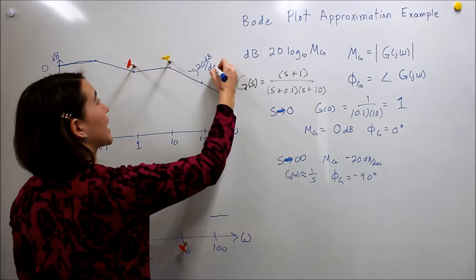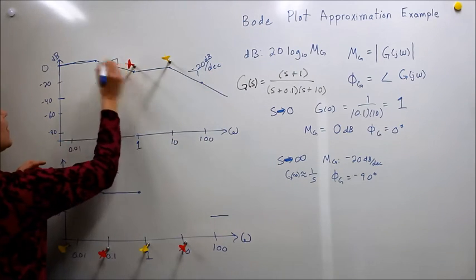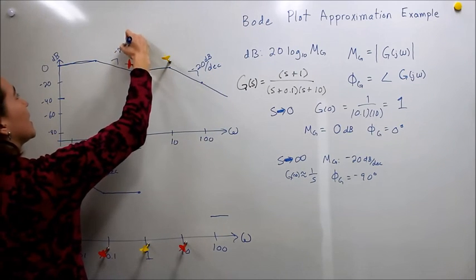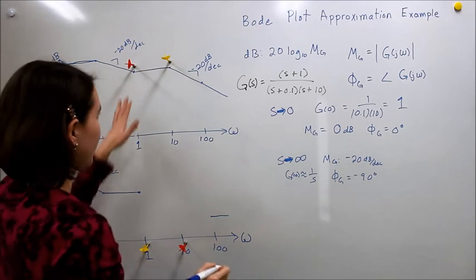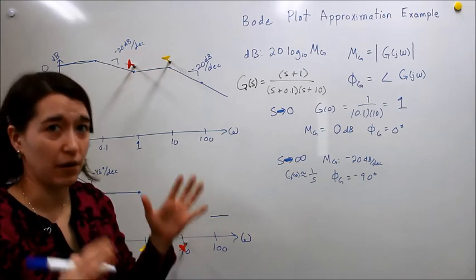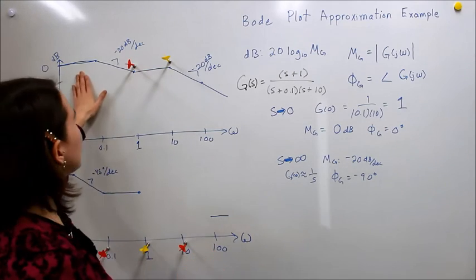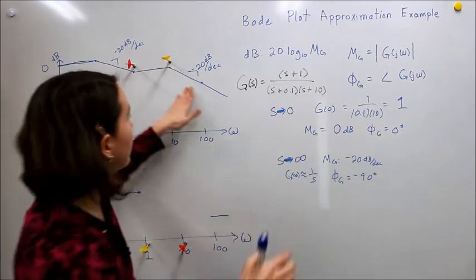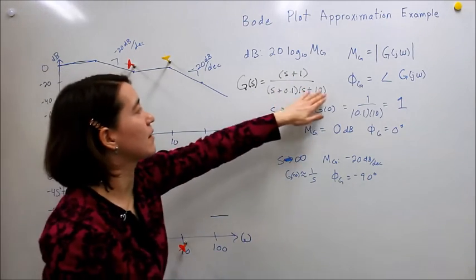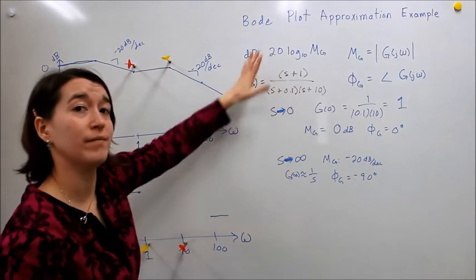And this one I should have labeled as well, was negative 20 dB per decade. Okay, so this is the full magnitude plot, our approximation. So we see the effect of first the pole, then this 0, and then this pole. And then as we go on to infinity, we just see the effect of 1 pole.